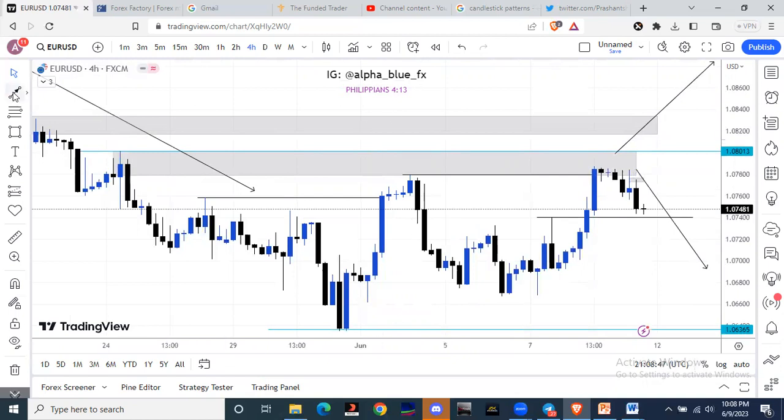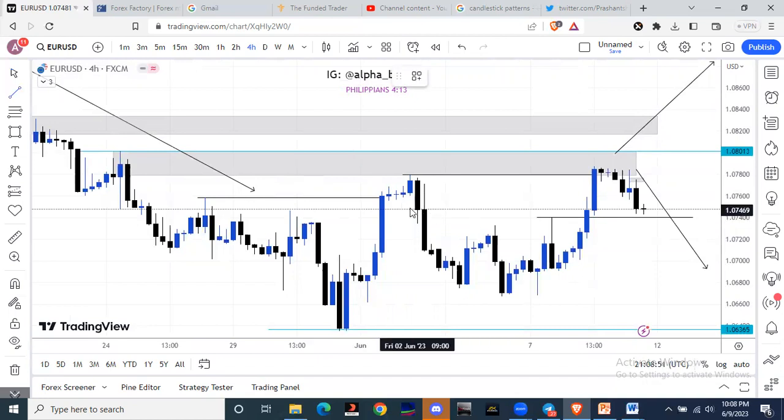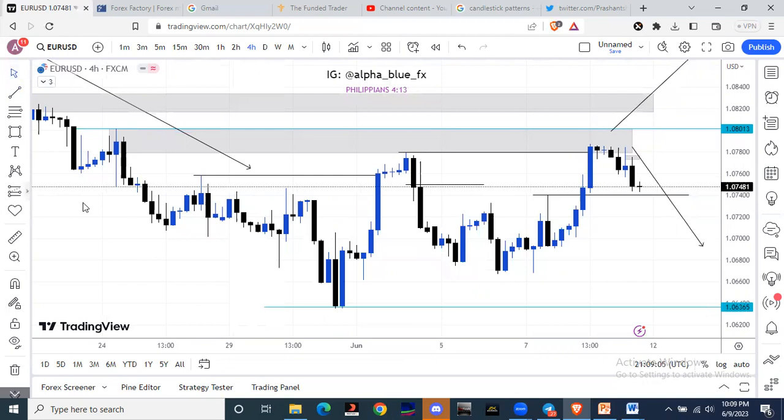So I could have placed my trade here and put my stop loss above this wick here, then put my take profit down here. And you see that it actually went our way. Let me bring up this.